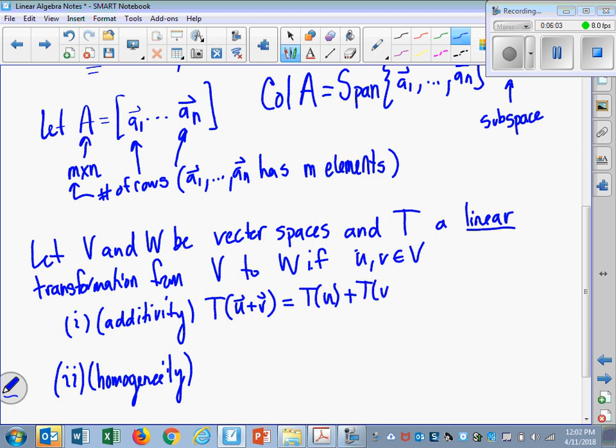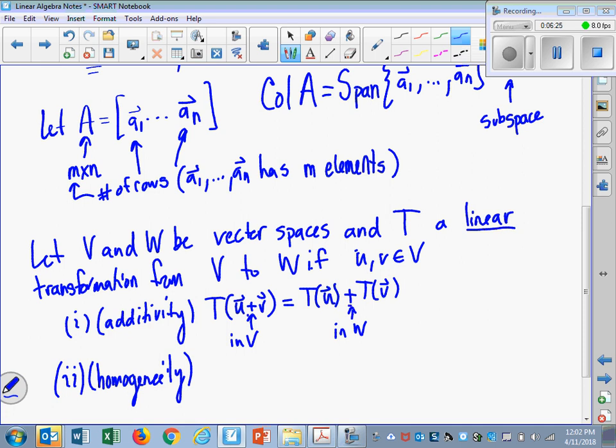So the linear transformation can be distributed over addition. It's important to remember this is addition in V, and this is addition not in V anymore, but addition in W. So we have two different types of addition happening here. This is the standard addition that we would know in V, and this is the standard addition in W.